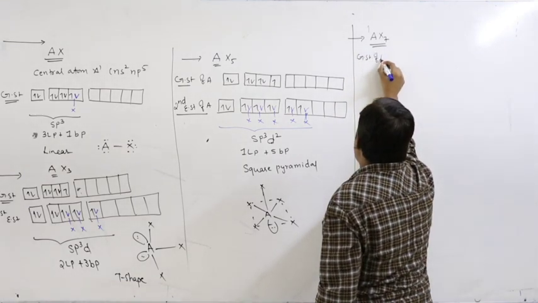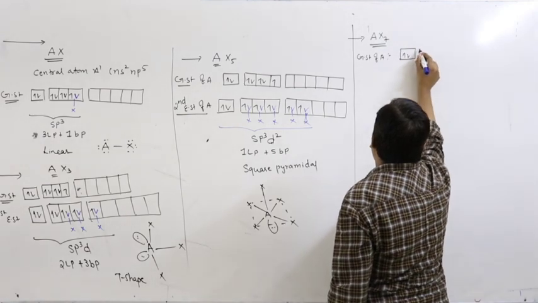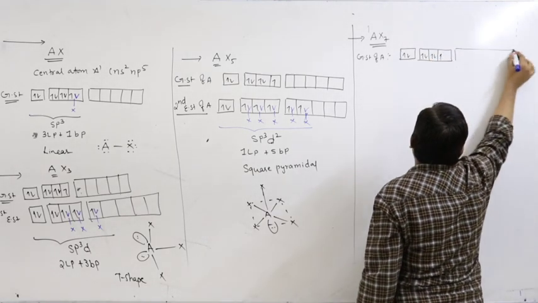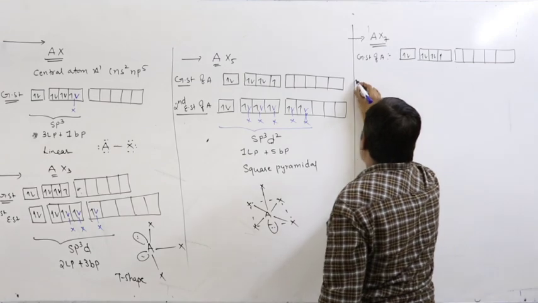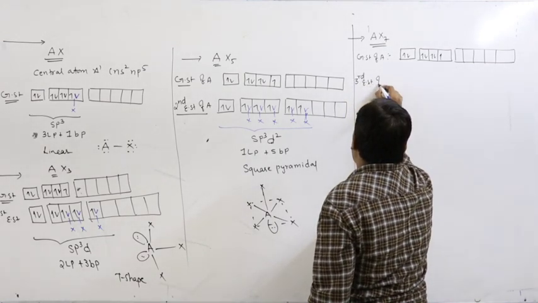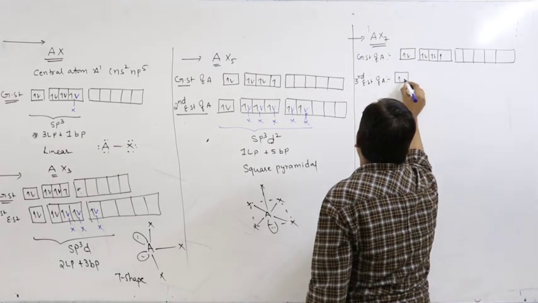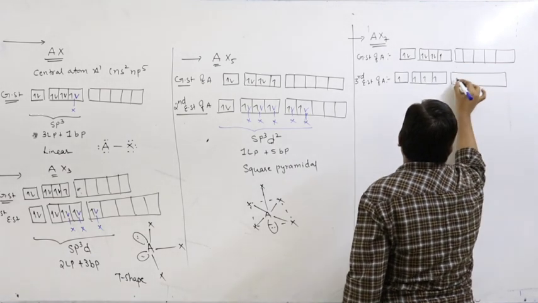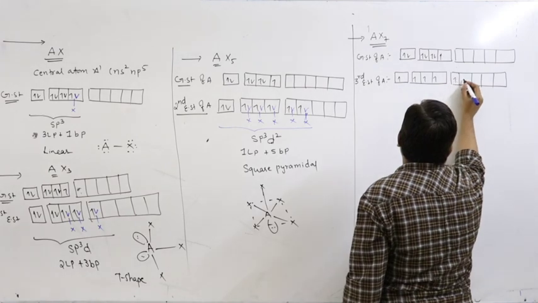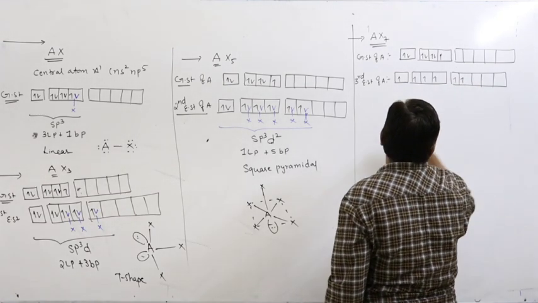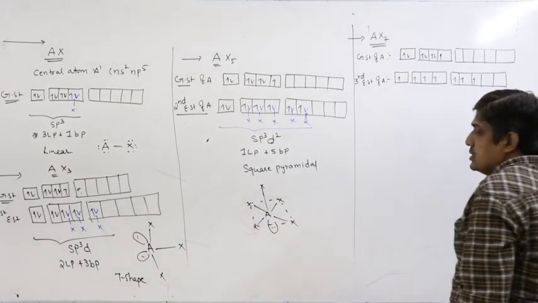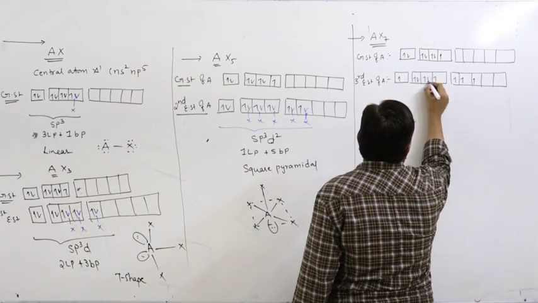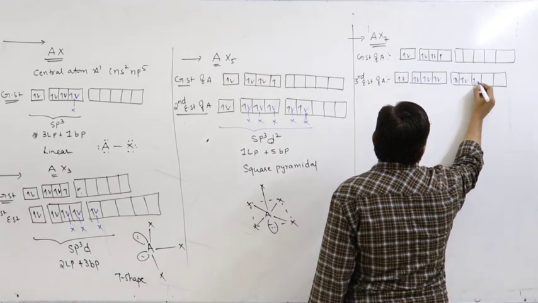So ground state of A, and directly I am writing the third excited state of A. It has 7 unpaired electrons. 7 halogens form 7 sigma bonds: 1, 2, 3, 4, 5, 6, 7.